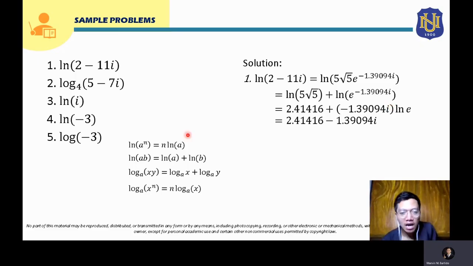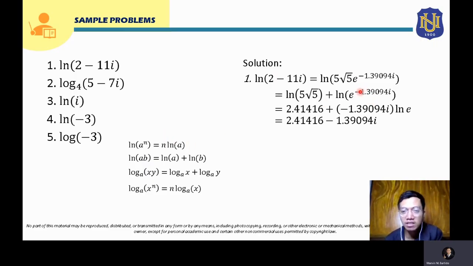And for your ln of e raised to negative 1.39094i, we can apply this rule for logarithm: if you have ln of a raised to n, you have a power here, so you can put down that power beside ln. That will become n times ln of a.